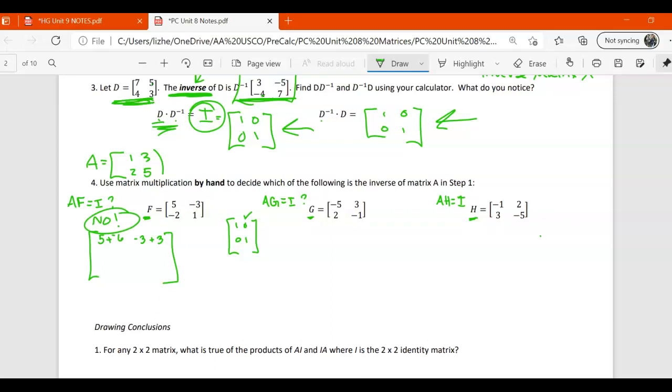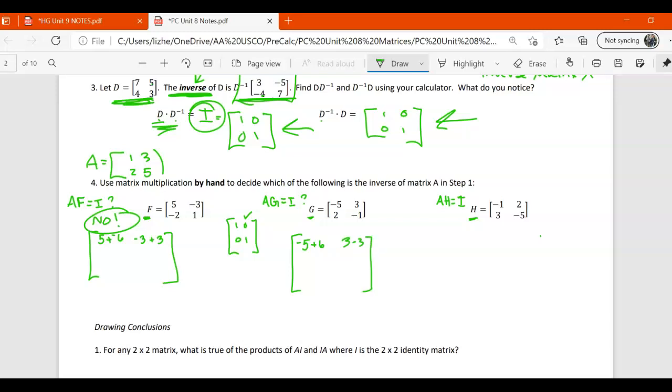So now I'll try AG. I'm going to take my A times my G. The top row, 1 times negative 5 is a negative 5, and 3 times 2 is 6. So that will give me a positive 1. Now 1 times 3 is 3, and 3 times negative 1 is a negative 3, and that will give me a 0.